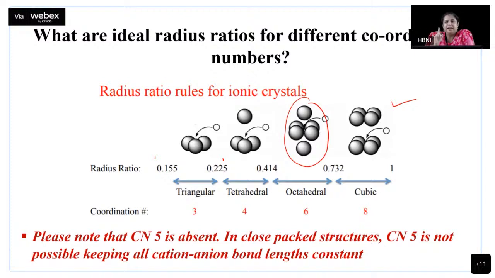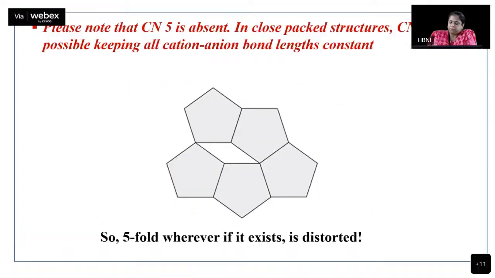In ideal cases, if we have, let's say, coordination number 5, now assuming that all your cation and anion bond lengths are similar, which can happen only in tetrahedra and octahedra and cubic, you cannot form a space filling configuration. I'm sure you would never have observed on the floor of your house or wherever that pentagonal tiles don't exist, because they cannot form a space filling configuration. You will have empty space between them if you try to close pack them.